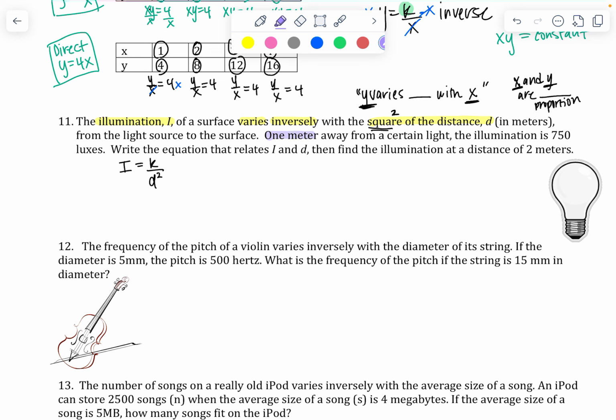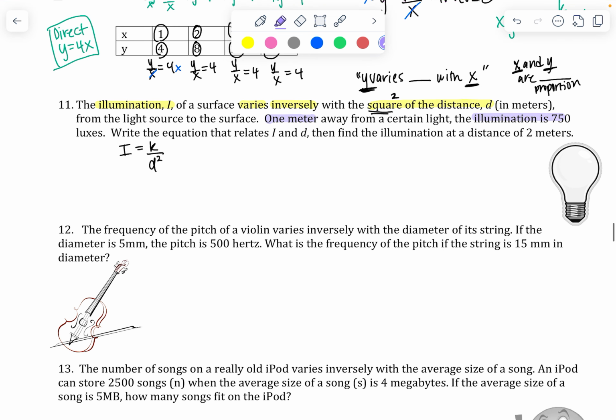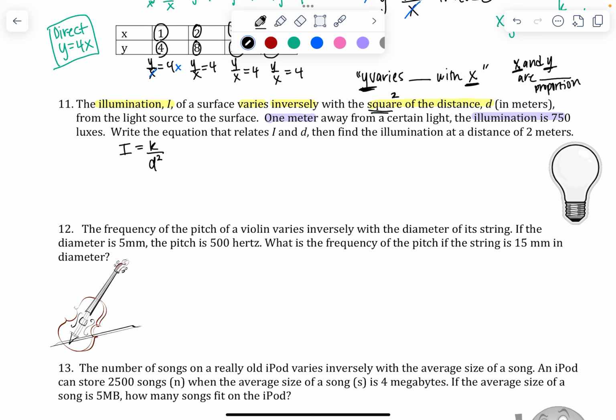So here, 1 meter away from a certain light, the illumination is 750 luxes. Okay, and so illumination is 750 when the distance is 1.